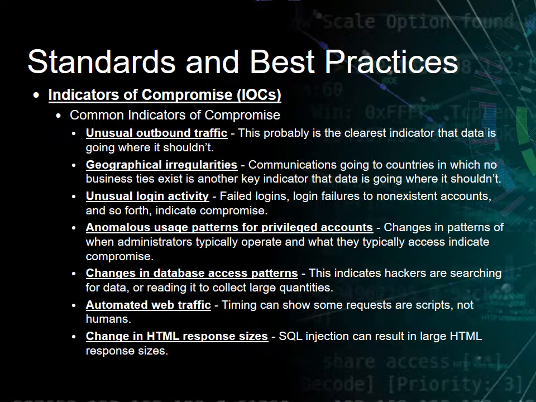Automated web traffic. Timing can show some requests are scripts, not humans. This is that beaconing I was previously talking about. It happens on a regular basis, things of that sort. Change in HTML response sizes. So SQL injection can result in large HTML response sizes.